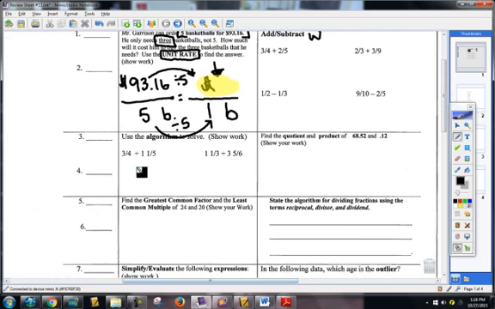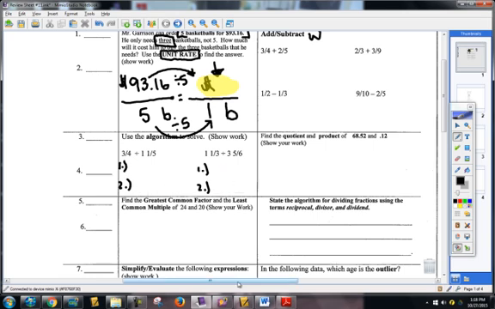Here we go. Use the algorithm to solve. This is going to have to be in 2 steps on both of them. Go back to your learning target number 1 notes, or 4, depending on which group you're in, for the dividing fractions chapter, the current chapter 3. I showed you exactly the way I want these done.